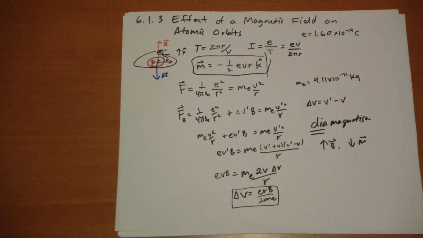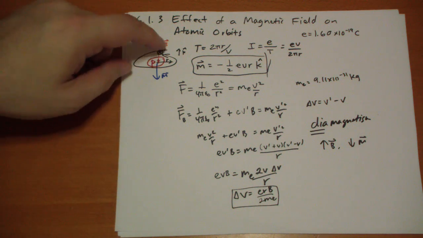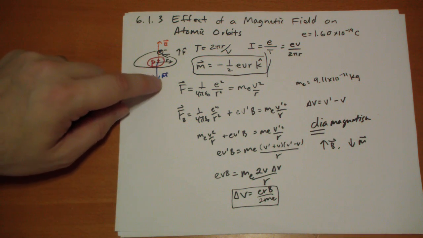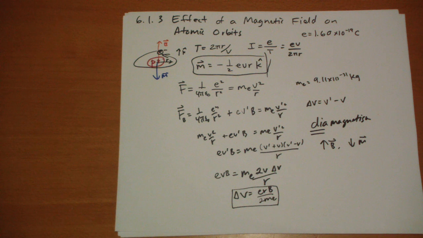Whereas if it aligns with the magnetic moment, the velocity of the electron will decrease and the magnetic moment will decrease when the B aligns with the M. So that's basically what happens there.